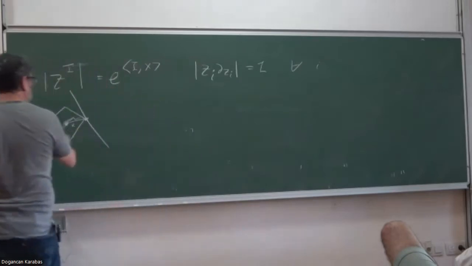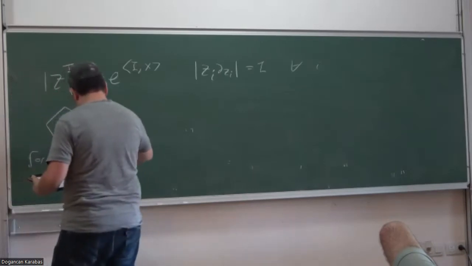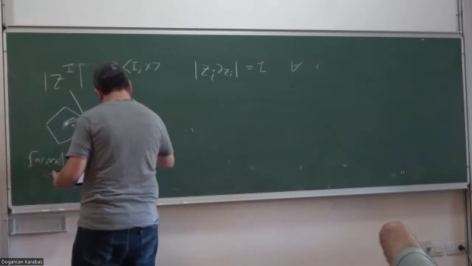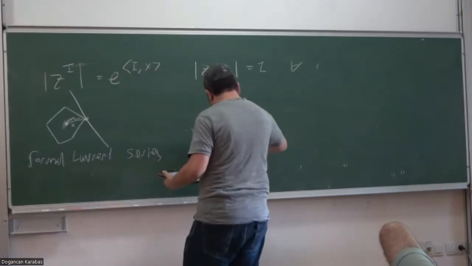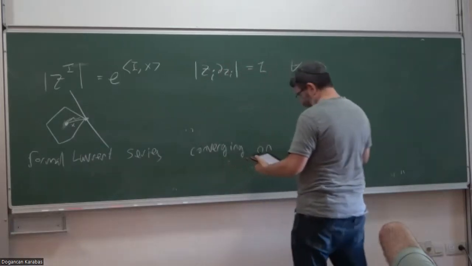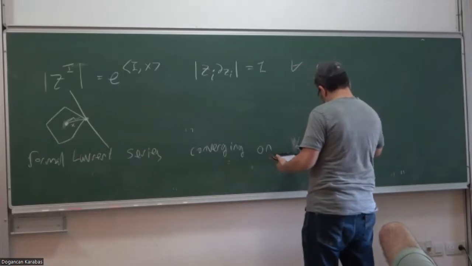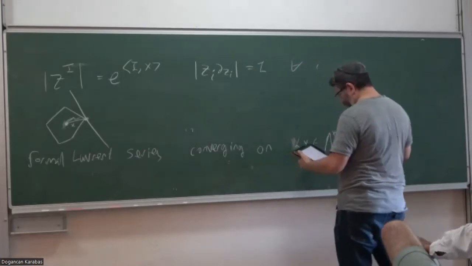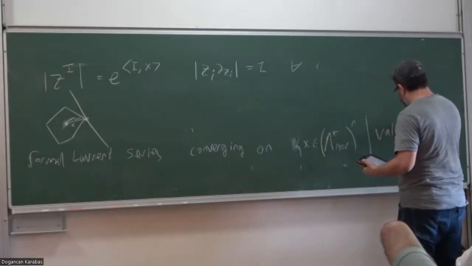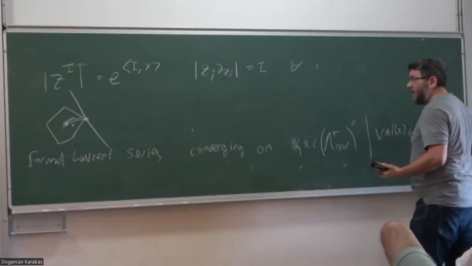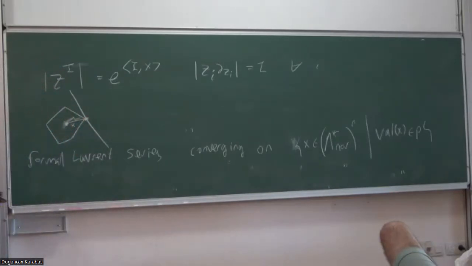And what this really describes is formal Laurent series which converge on the set of points x, the set of points which belong to, so really we should be thinking of these as functions on this formal mirror for which the valuation of x falls inside P. And this is basically saying, for each monomial we take its supernorm.